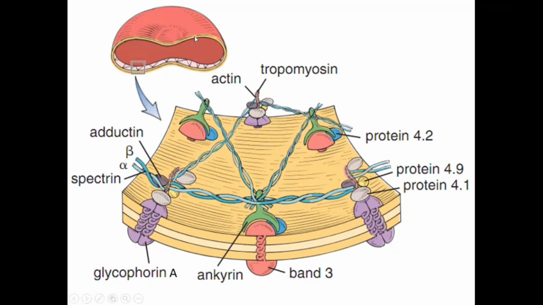About the membrane of RBC, most of our information about cell membranes comes from the red blood cell membrane, because these cells don't have any organelles.